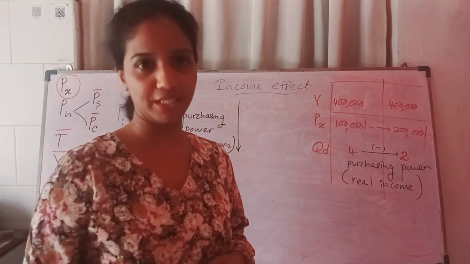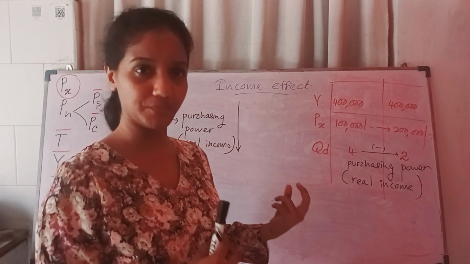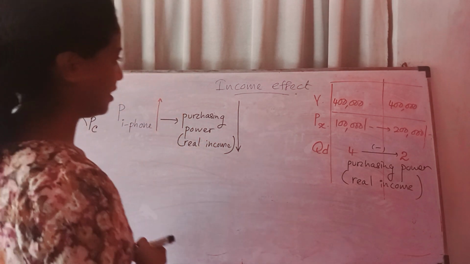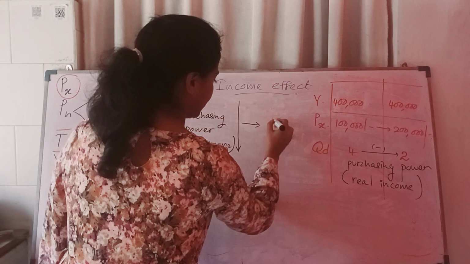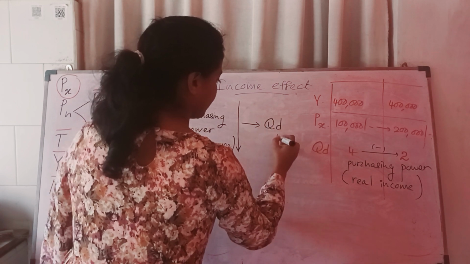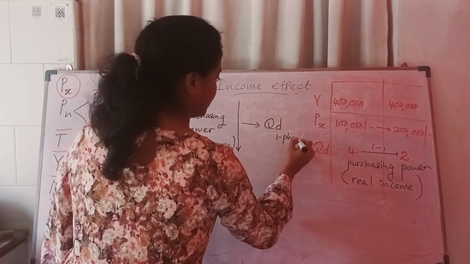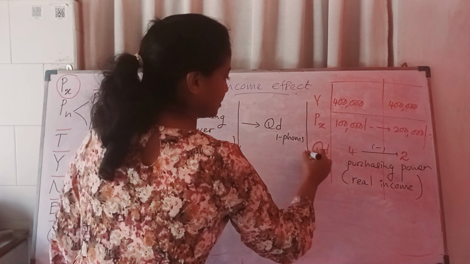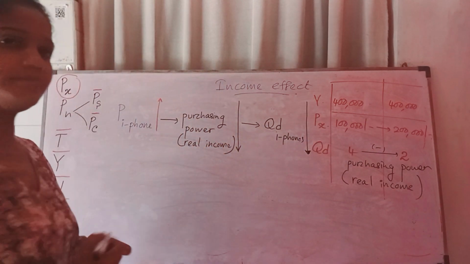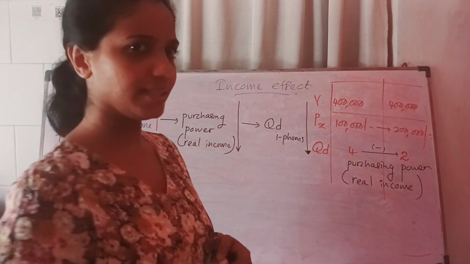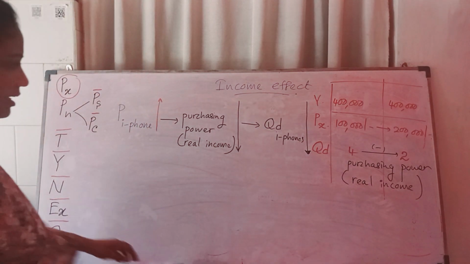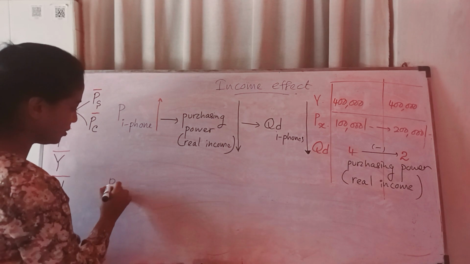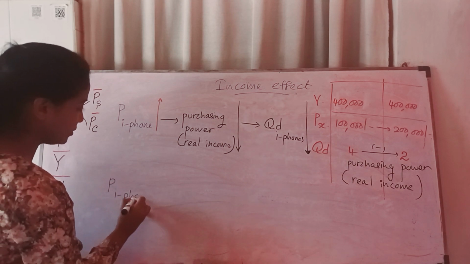Real income reduces or the purchasing power reduces, which means what happened to the quantity demanded of iPhones? Here, children, you can see the quantity demanded reduces, right? Let's see it the other way around. Let's see when the price of iPhones now reduces.